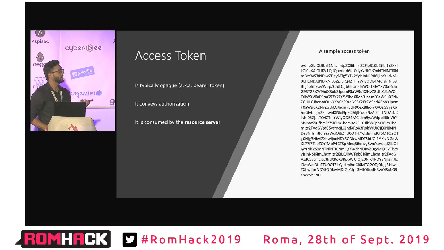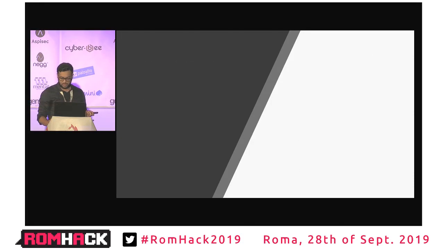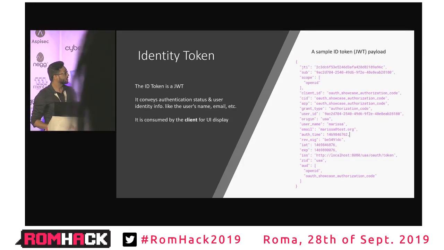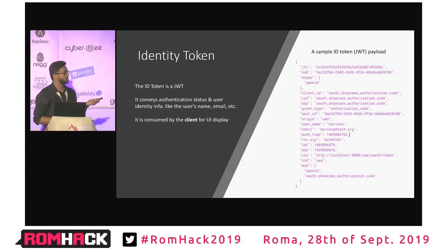So this is how an access token would look. It is an opaque token. You cannot decode it to get more information about the end user. And it conveys authorization, as we already know. It is consumed by the resource server. The identity tokens, on the other hand, can be decoded to fetch the user's authentication contextual information.